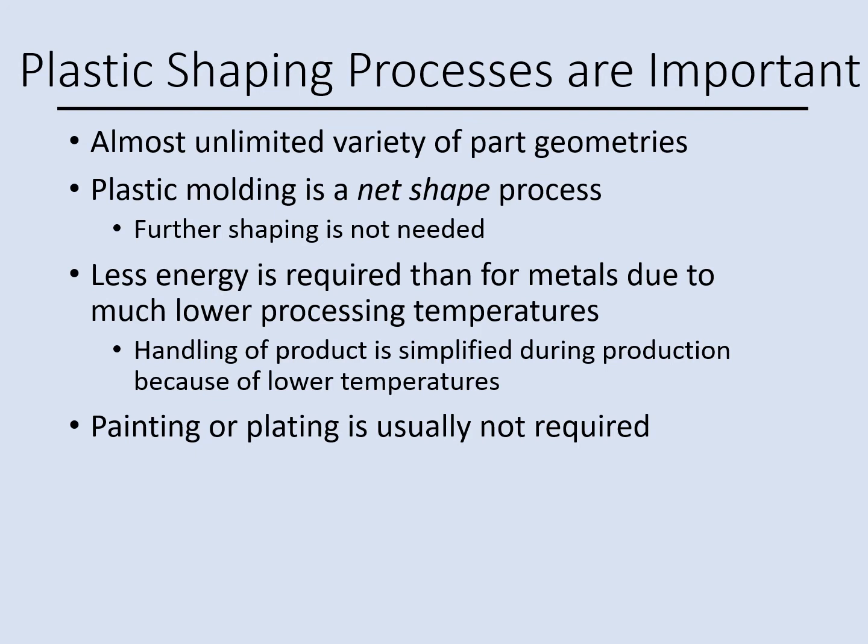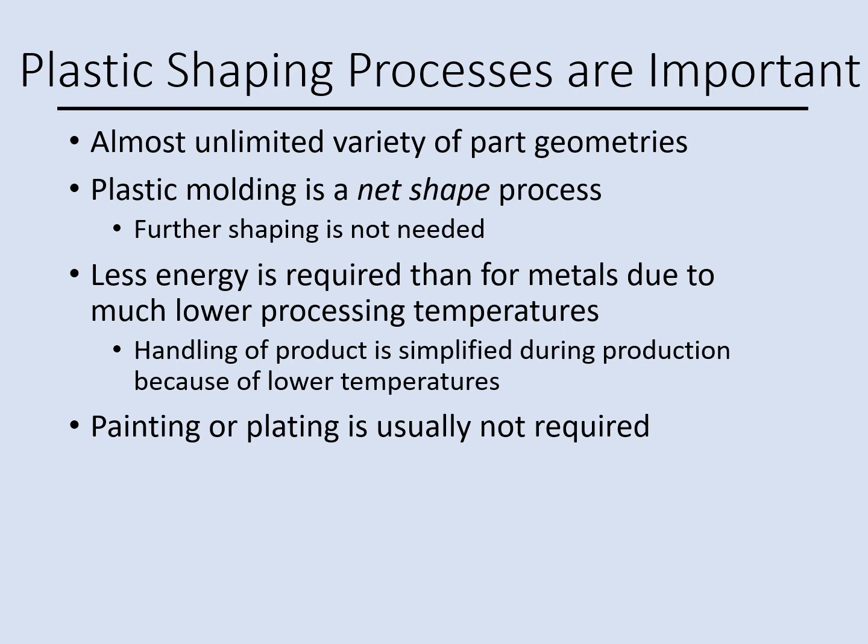The question here is, why is the plastic shaping process important for us? There are several reasons. First, we have a variety of shaping processes for plastic, which makes the geometry unlimited. We can make different geometries for plastic material.